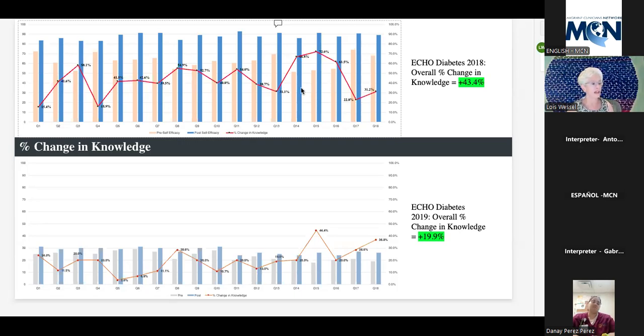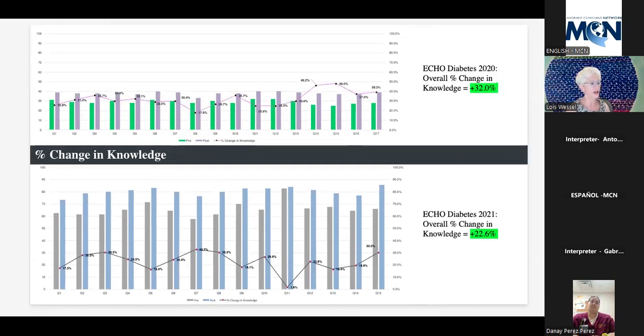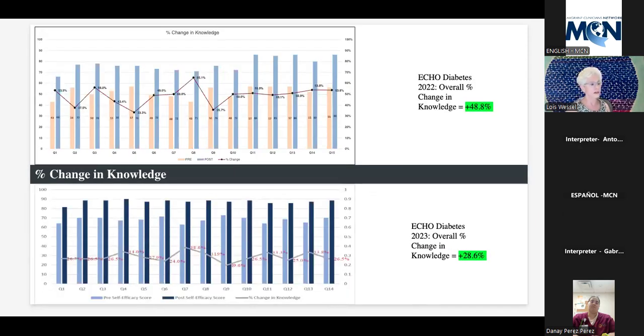We've been able to see what the percentage change was for each of those things over the whole course of the training, and there's 18 questions. And so without a doubt, we've seen every year that people's knowledge has significantly increased, by 30%, 23%, close to 50%, close to 30%.